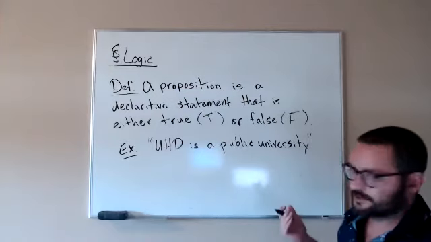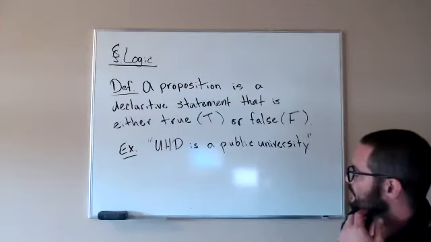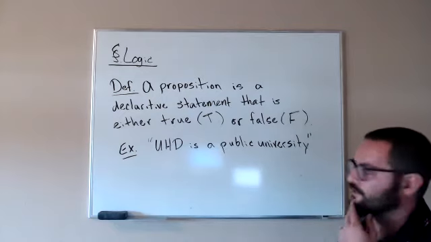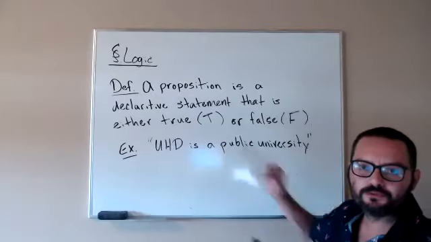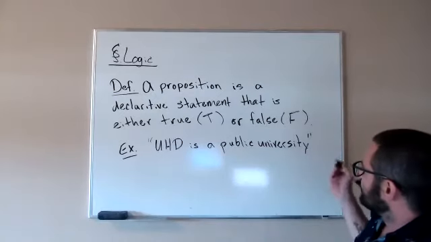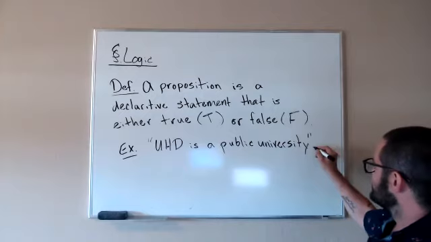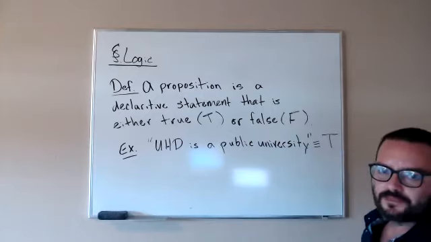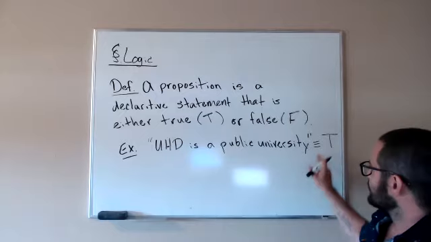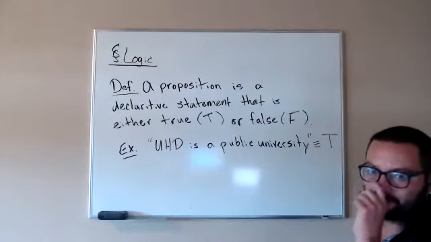It's declarative, right? And it has a truth value that's associated with it. So here, this is a true proposition, right? So what we can say is that this is a true proposition. And we'll learn what this triple equal sign means in a bit.